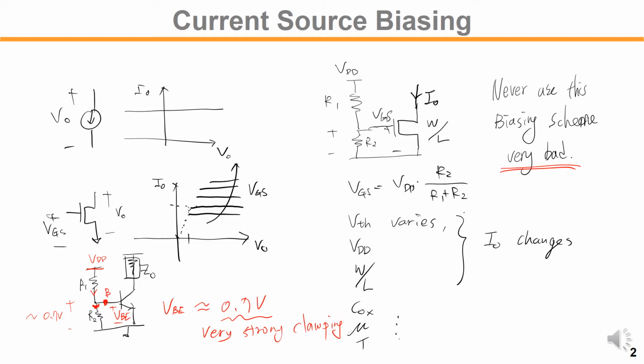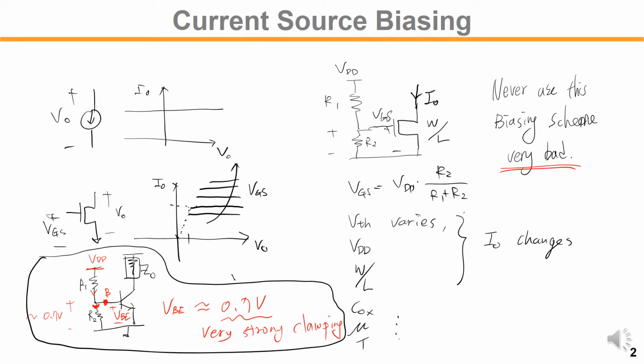but in the MOSFET case, we don't use this kind of biasing scheme. This is only valid in BJT, but still it is sensitive to PVT.